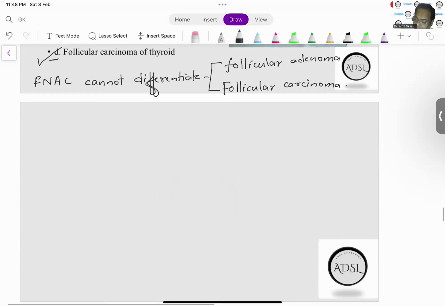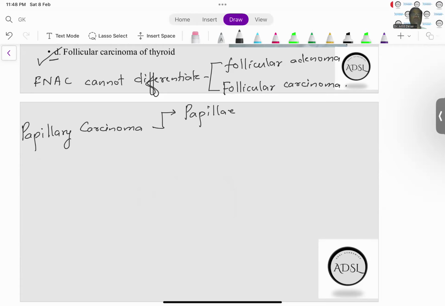Now, if you see papillary carcinoma, what will an FNAC show us? So, first and foremost, as the name suggests, it will show papillae or pseudopapillae formation. Next thing is that these papillae outgrow their blood supply.